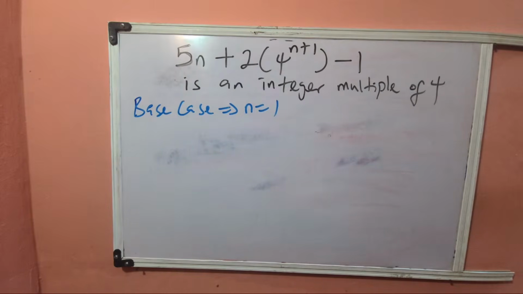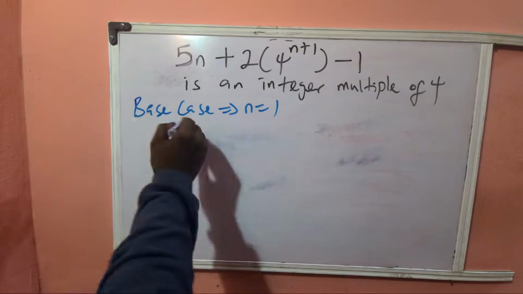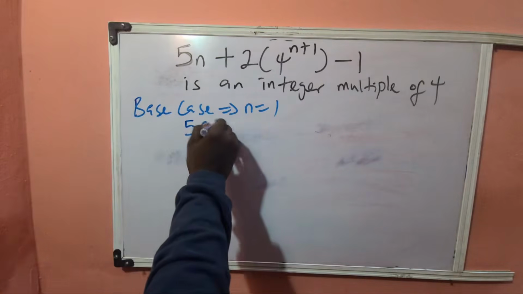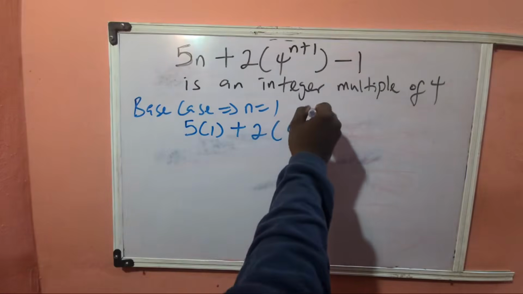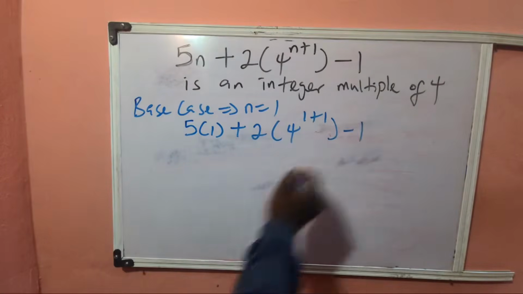So let's start with our base case for n equals 1. I want everyone to pay real attention so that we can get the best from this class. When we fix in n equals 1 into this particular function, we'll be having 5 into bracket 1 plus 2, 4 raised to power 1 plus 1 minus 1.